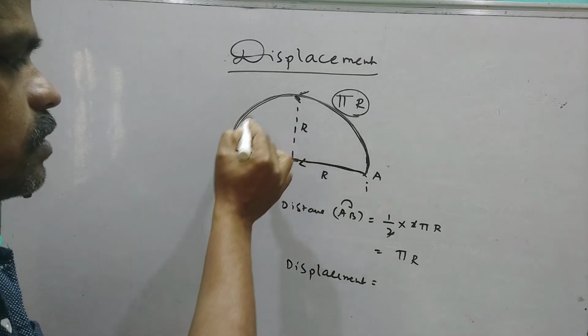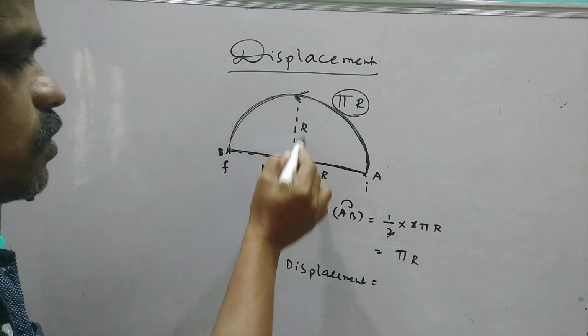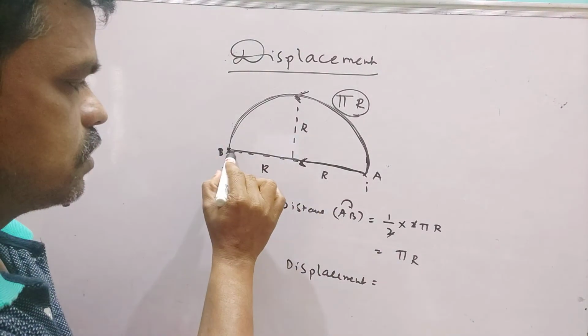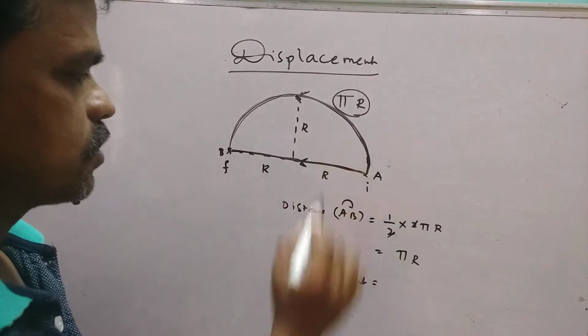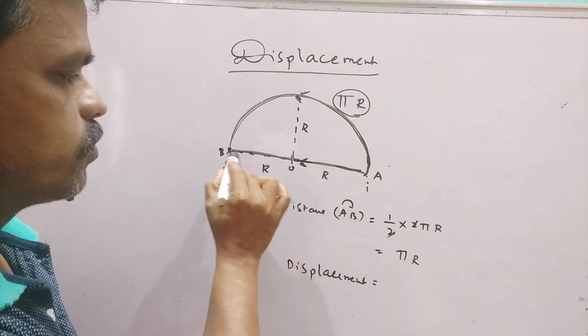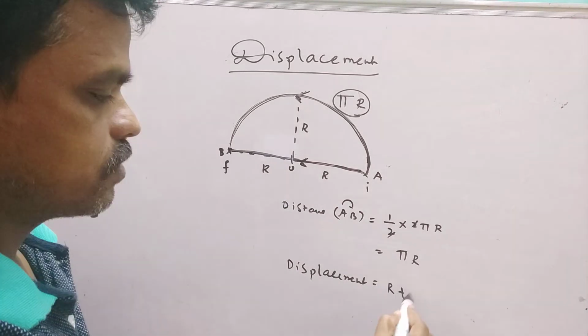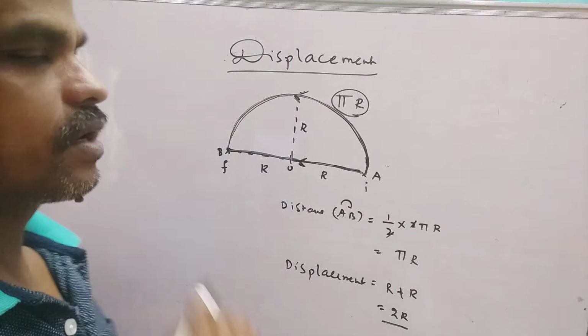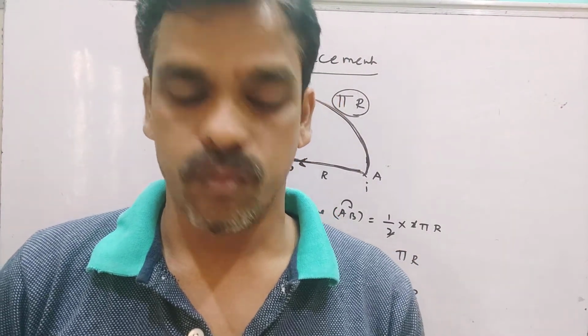This other path is the longest path. A to B is the displacement, the shortest path between A and B. Here the radius is R, then R plus R equals 2R. So the displacement of the particle here is 2R, whereas the distance is equal to pi R.